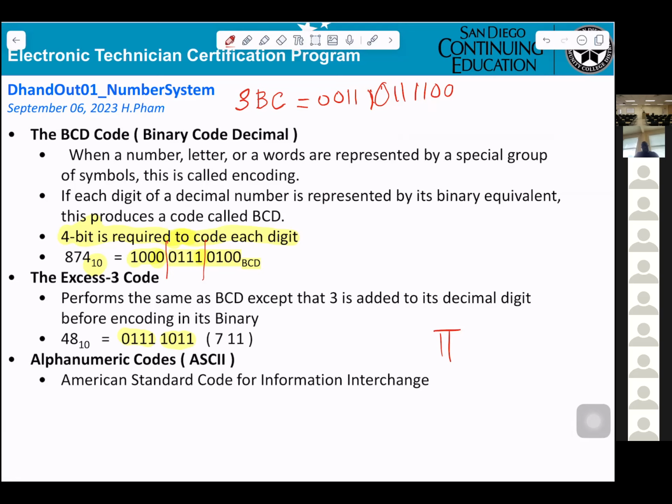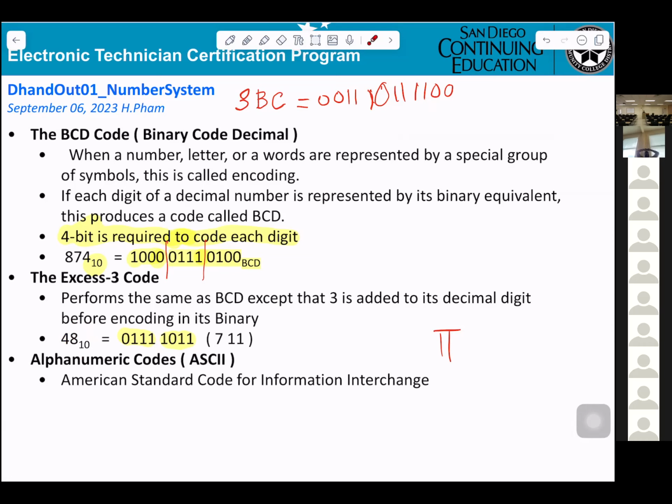So if you want to convert a base 10 decimal number to excess-3 code, number 4 adding 3, it will be 7. 7 converted to binary is 0, 1, 1, 1.